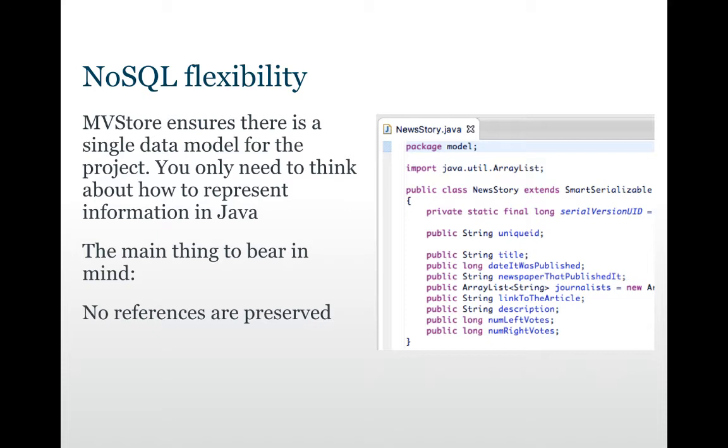So if you know how to write a computer program with objects that store data at runtime, you don't need to treat them any differently when you want to store them permanently on disk. And because of the way MVStore works as well, you can have an absolutely massive number of records. You can have terabytes and terabytes of data, and you can access it, read it and write it, and largely treat it as if you almost had infinite memory on the machine, which is amazing.